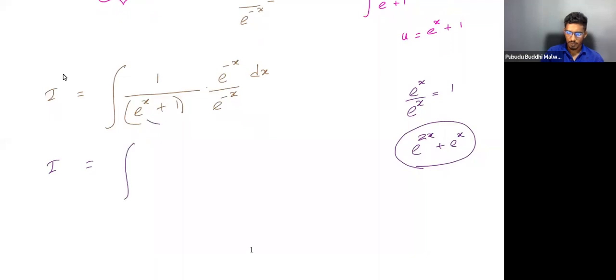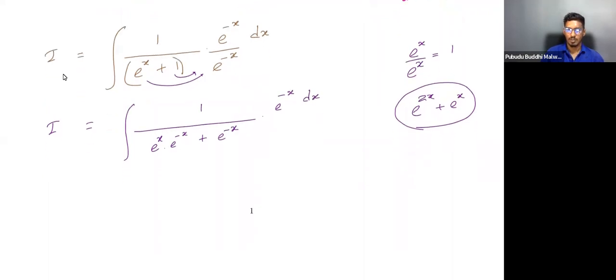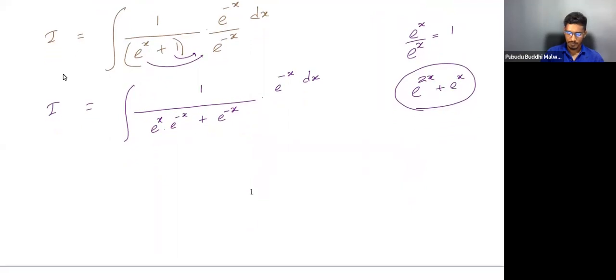So if we expand this, exponential x into exponential minus x plus exponential minus x. Here, I'm happy to keep this term because that could be the derivative of the denominator. Let's see.